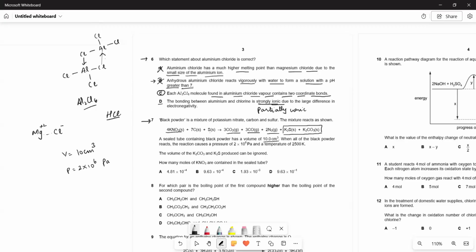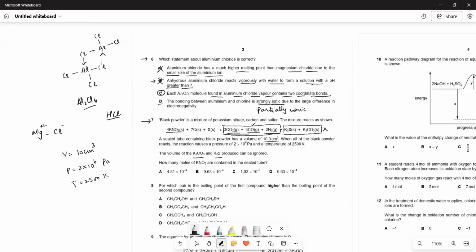And a temperature of 2500 Kelvin. That temperature is given. They are saying the volume of potassium carbonate and potassium sulfide produced can be ignored. Okay, they are saying ignore them. Only consider the volume of the gases, right?